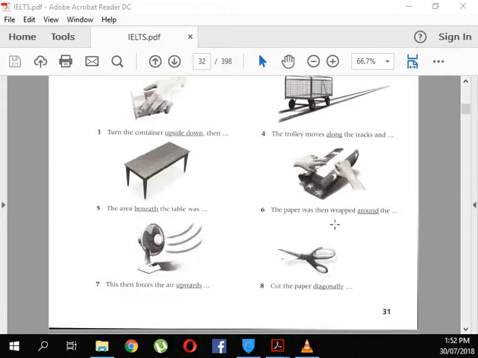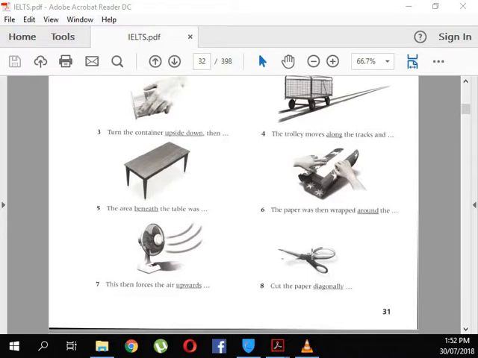The paper was wrapped around. Yeah, it's wrapped around. This forces the air upwards. So the arrow will be drawn like this from here. Cut the paper diagonally.